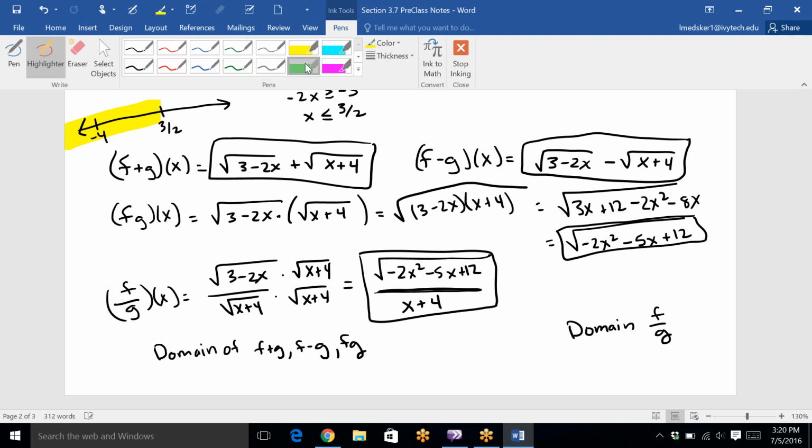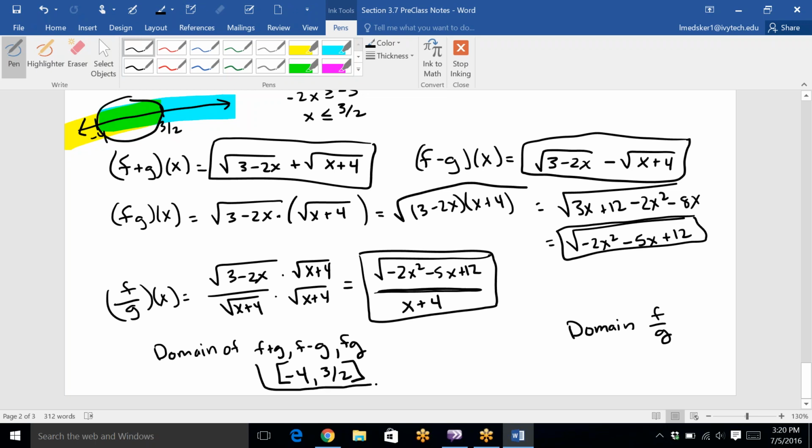My second domain had to be greater than or equal to -4. You can very clearly see that the intersection is right here. That is where the domains are combined. So that means that from -4 to 3/2 is our domain for all of the first three.